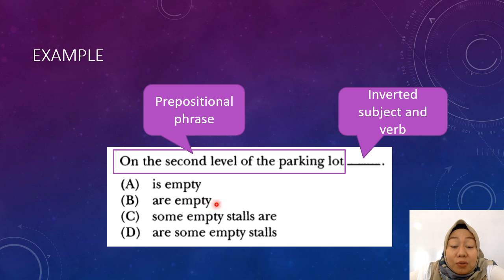Are empty also doesn't have a subject. Some empty stalls are. If we say some empty stalls are, we still need a complement here, right? But if we invert the subject, then this is the component that is necessary to complete the sentence. So the answer is D. On the second level of the parking lot are some empty stalls.